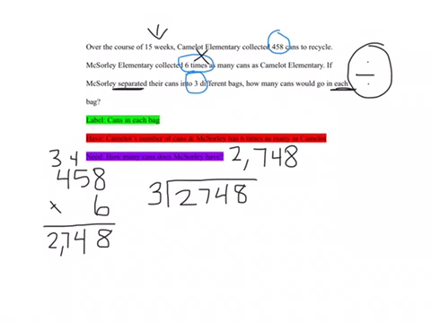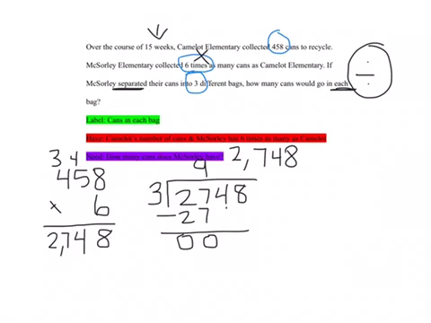Okay. 3 can't go into 2, but 3 can fit into 27. 9 times 3 is 27.